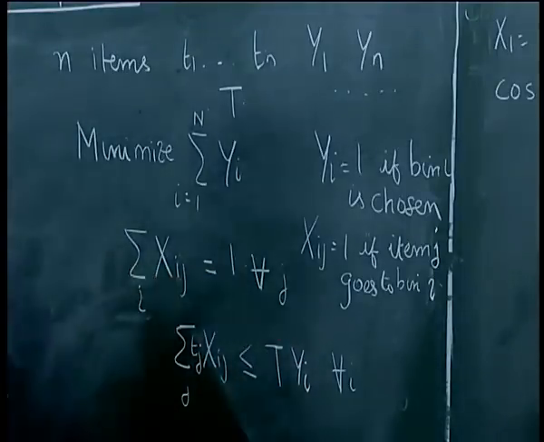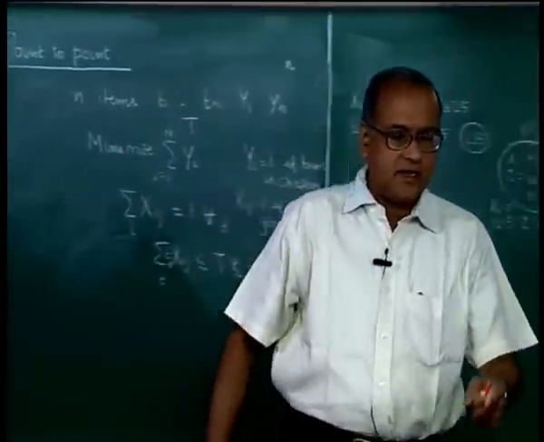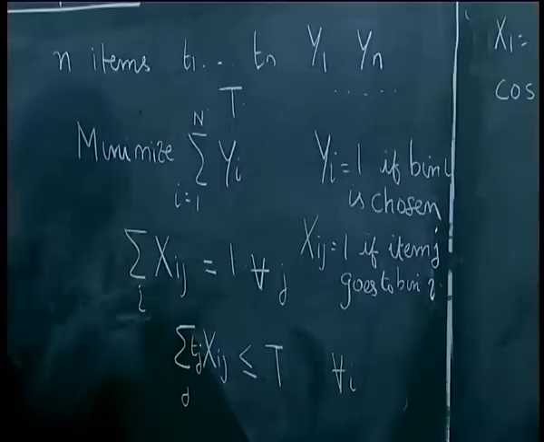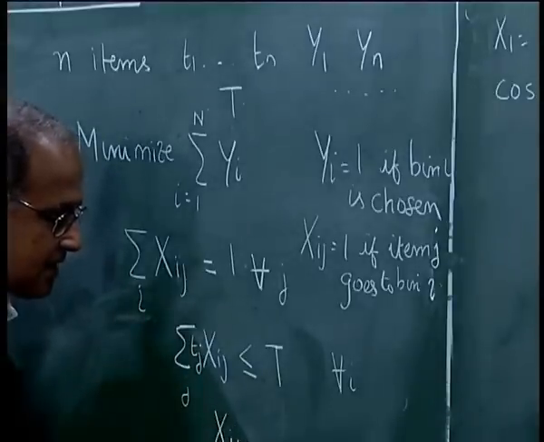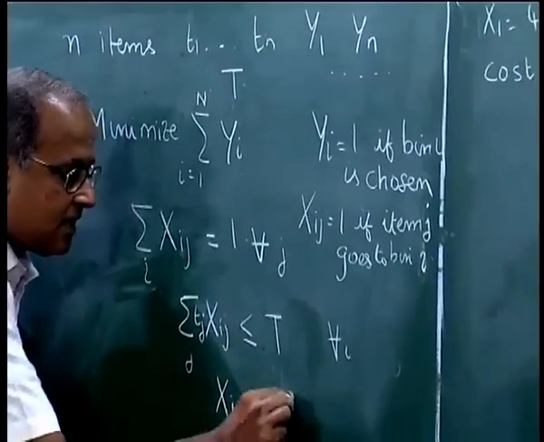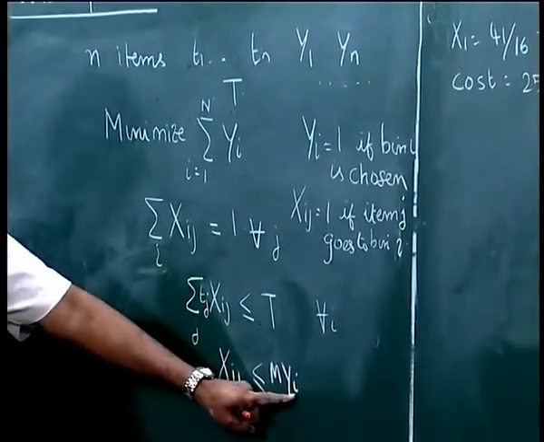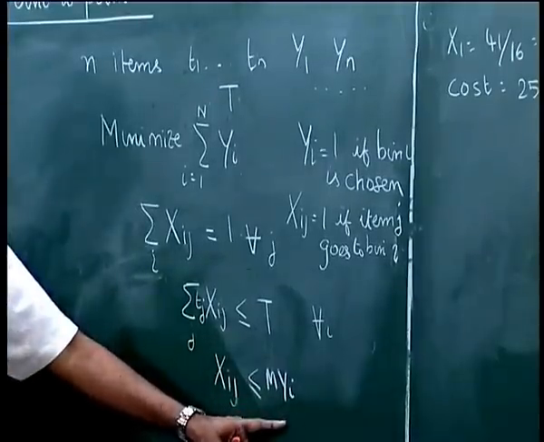The other way of doing it is what is shown in this slide, and these are explicitly written as two different constraints. So, we could simply say sigma tj xij less than or equal to t, which means that we need to have a linking constraint between the xij's and the yi's. Now, we could also write xij is less than or equal to yi, which means only when the bin is chosen can I put something into the bin.